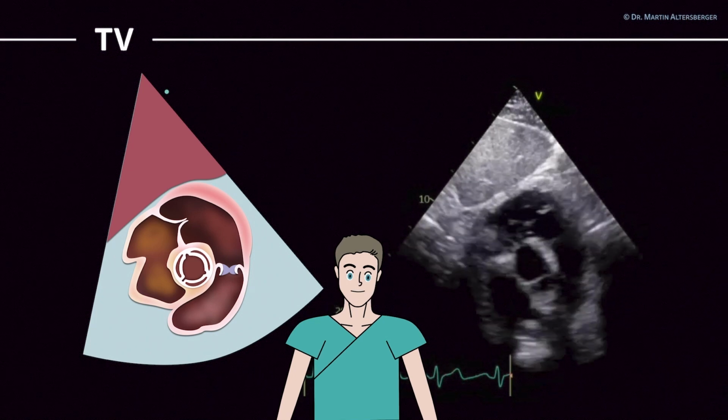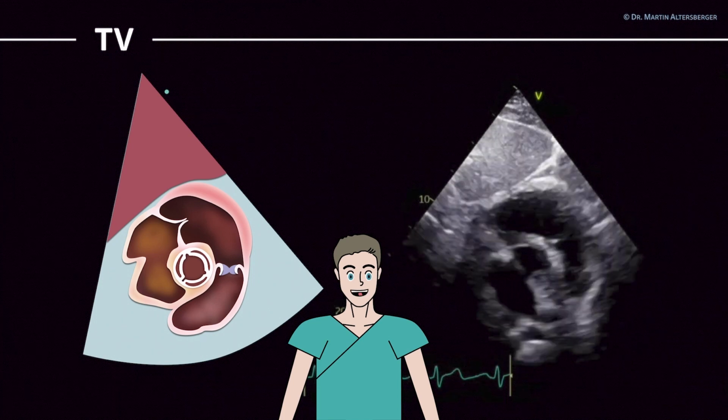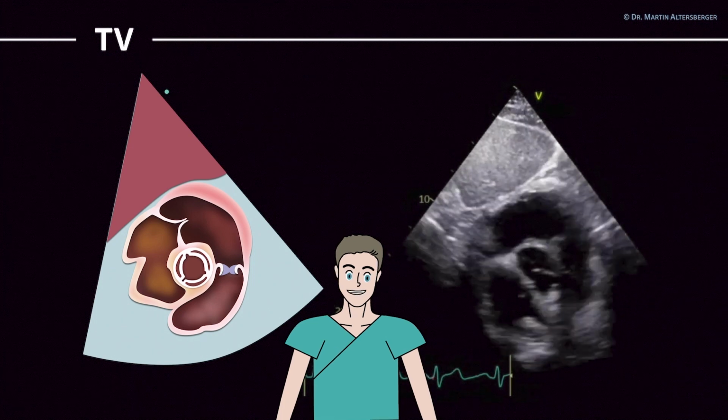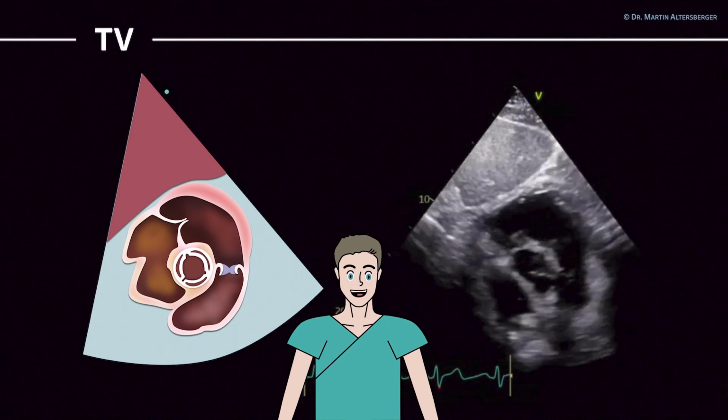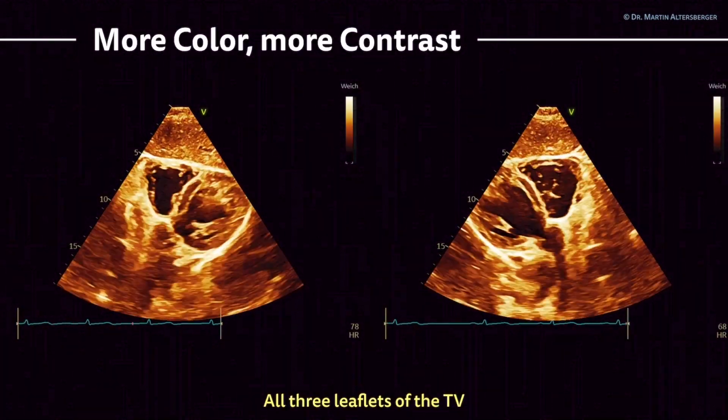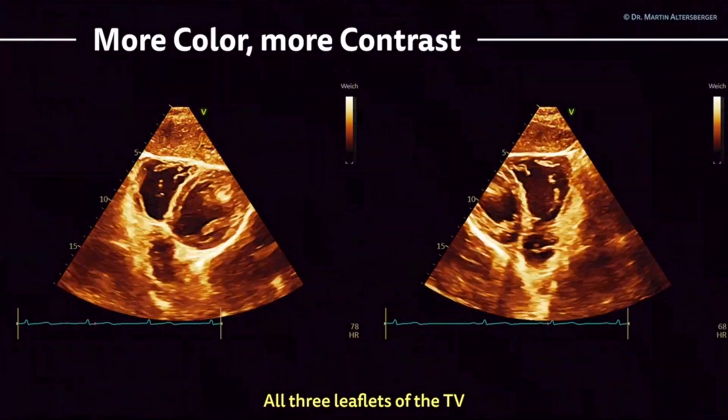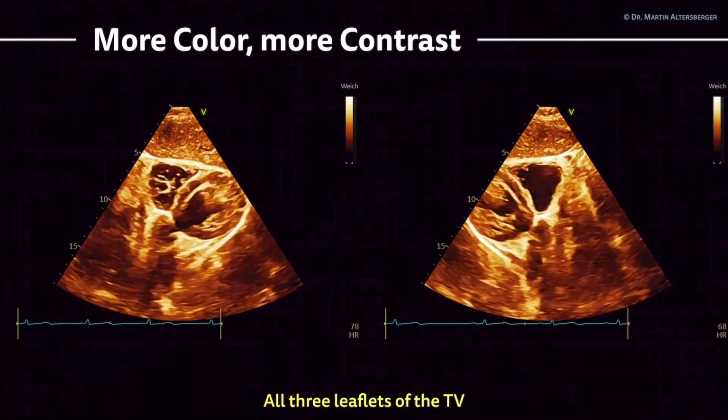This is very important to, for example, localize where the tricuspid regurgitation is originating, if it's central or if it's eccentric. Using, for example, a gold color or brownish colors, you can see structures very often even better.